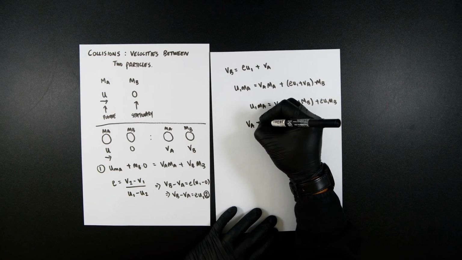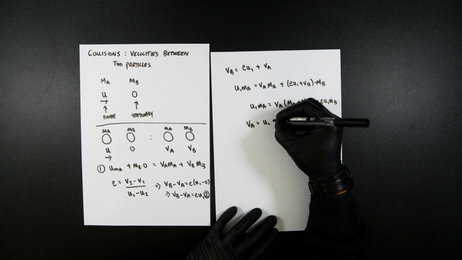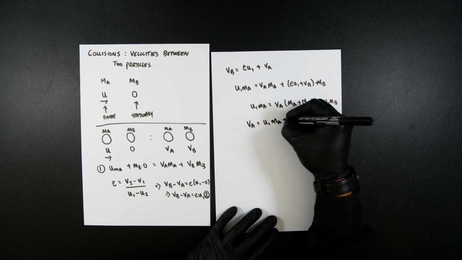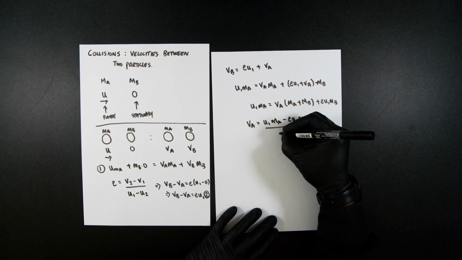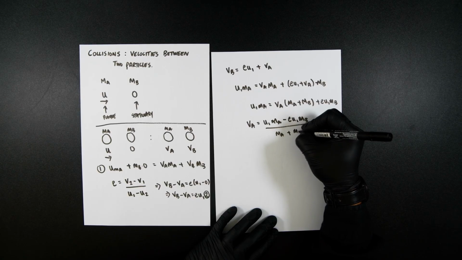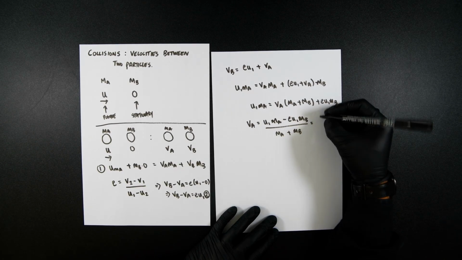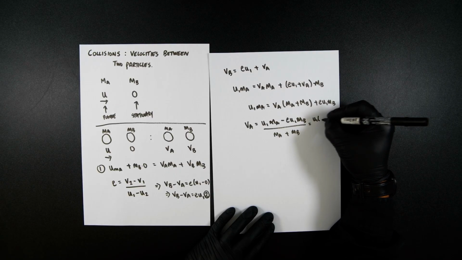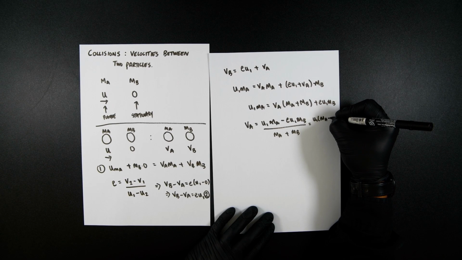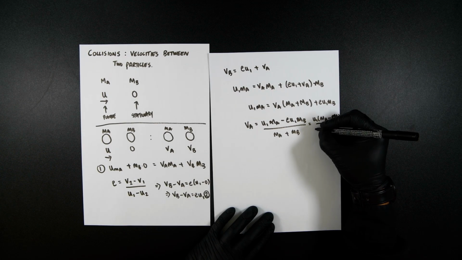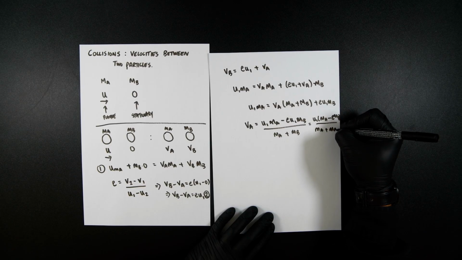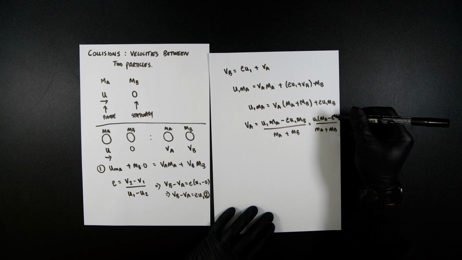So we're going to get VA equals u1 MA minus e u1 MB, divided by MA plus MB, and then this can be cleaned up to look like u1 (MA minus e MB) over MA plus MB. I ran out of paper, so yeah, that's e MB.